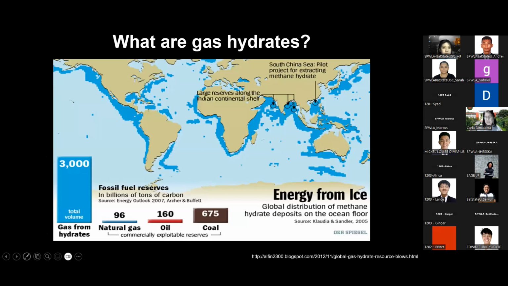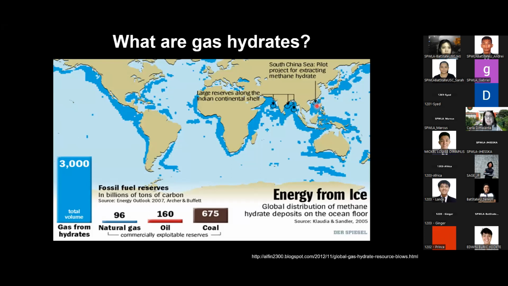Way back in the early 2000s, even while I was doing my PhD at the University of Tokyo in Japan, a lot of other countries were already doing exploration and studies pertaining to gas hydrates. This figure shows the areas that have been identified where gas hydrates are known or likely to occur. These are the areas shown in light blue.